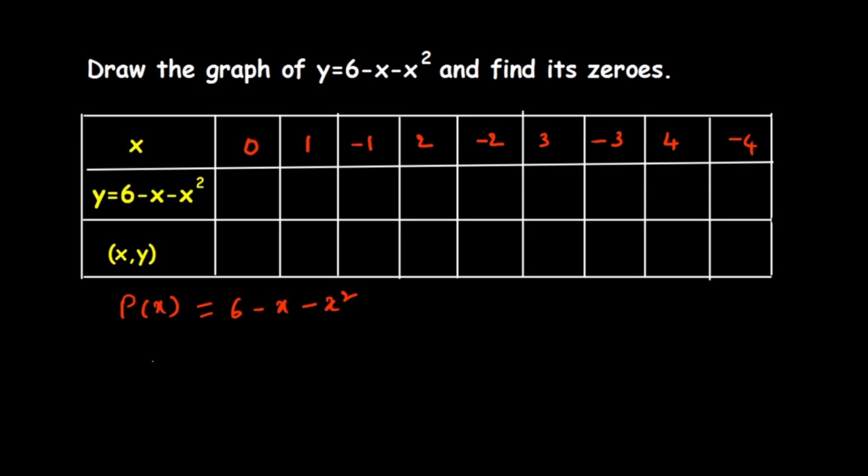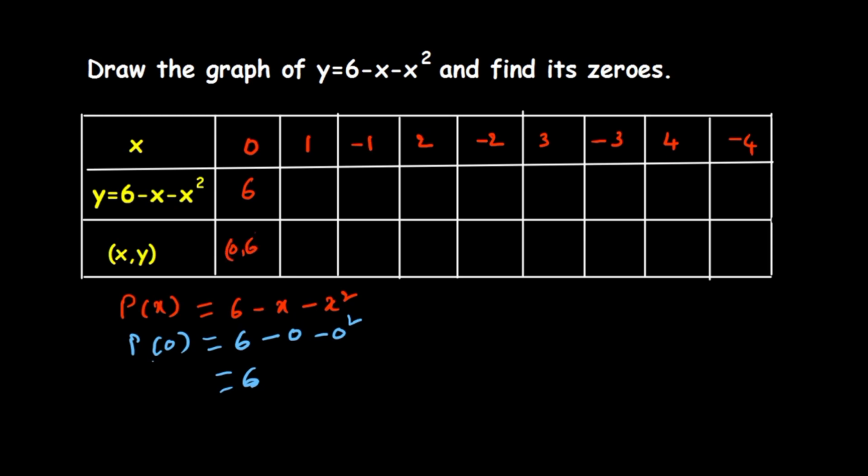If I substitute 0, then p of 0 equals 6 minus 0 square. Finally this is 6, so the point we get here is 0, 6.